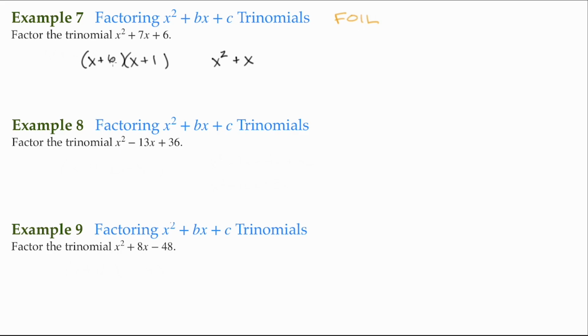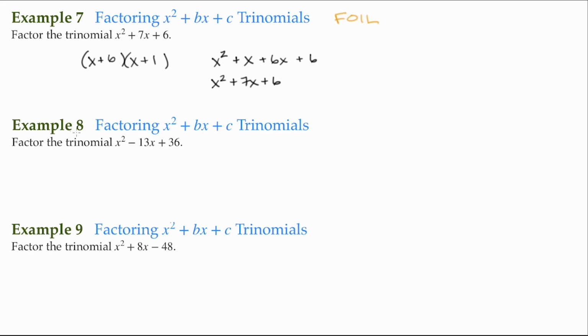Our inner, 6 times x, that's 6x. And our last, 6 times 1, that's 6. And we have common terms here, so we can combine these like terms. So this becomes x squared plus 7x plus 6, which is, of course, what we started with. So these are the factors of x squared plus 7x plus 6.